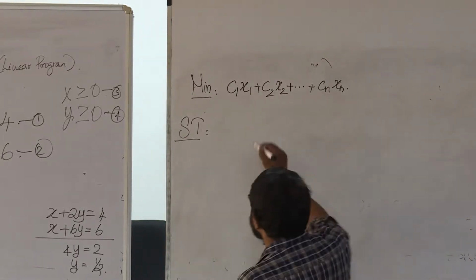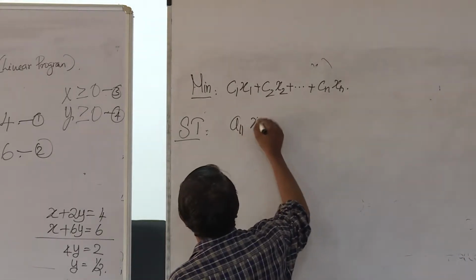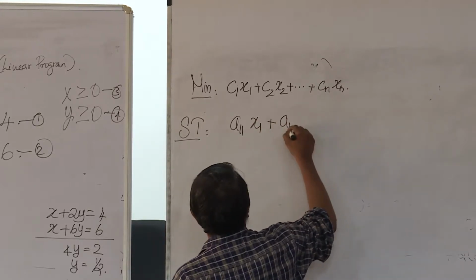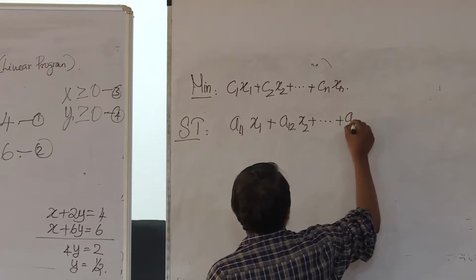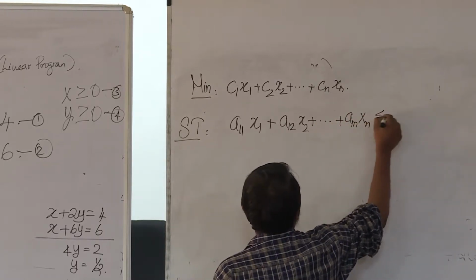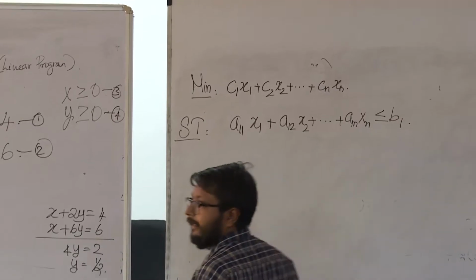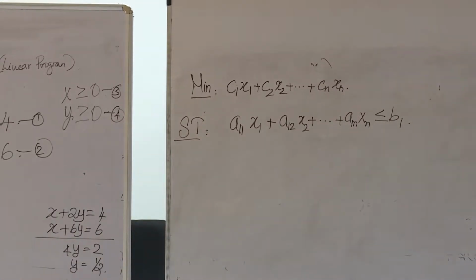Typically the way it is written is a11 x1 plus a12 x2 plus a1n xn less than or equal to b1. Okay. So first of all, before getting into this, let us go into 3 dimensions and see what this is saying.